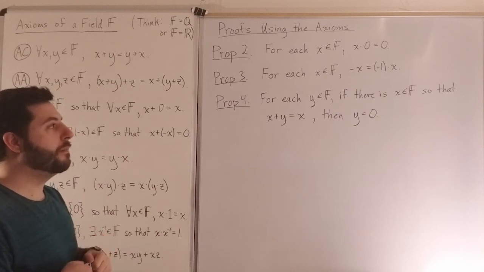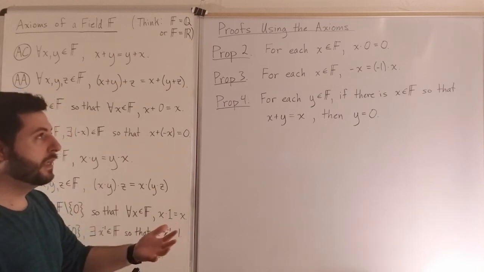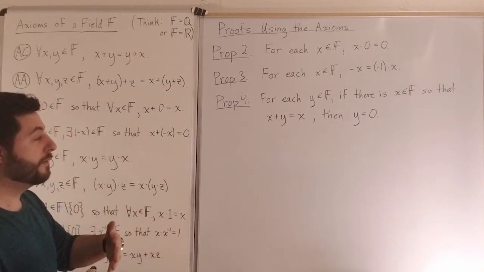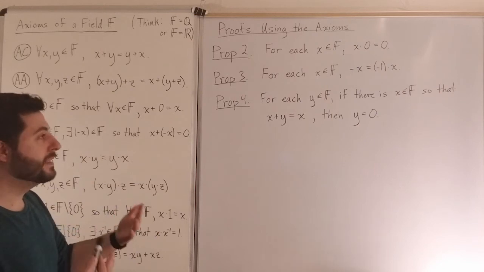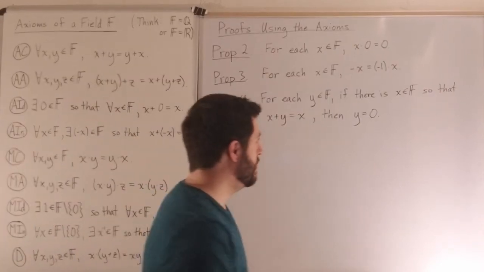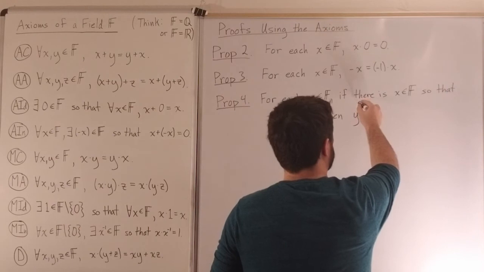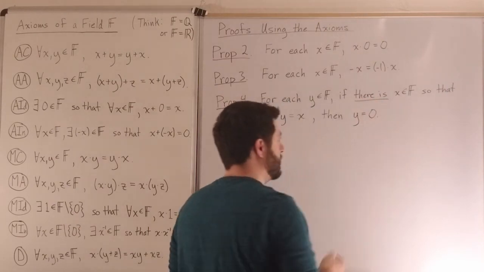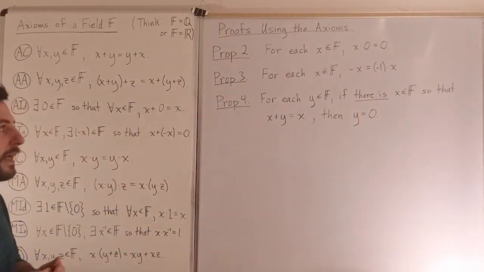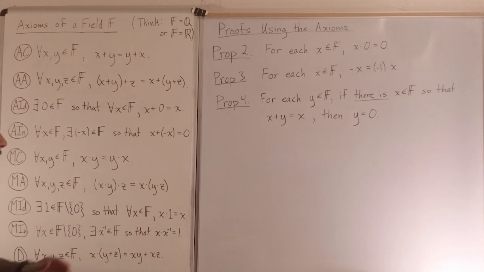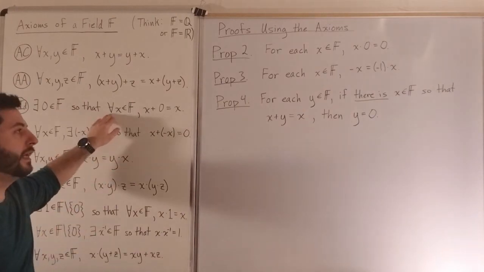But that doesn't mean there might not be something else that works for some particular x, right? This statement that there is an x here, this existential quantifier, is very different than this universal quantifier here.